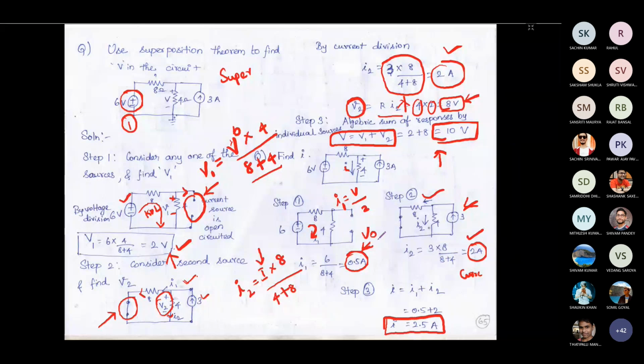Even if you apply nodal analysis or mesh analysis, obviously you can find the same thing, maybe in a much easier manner, or rather, we do not need to spend that much time. The same thing you can do in mesh analysis or nodal analysis. This is a procedure.